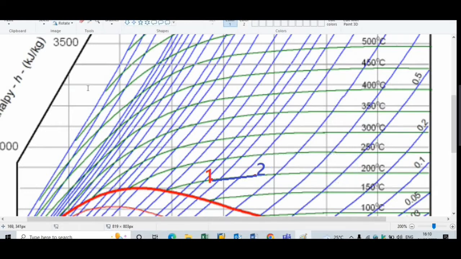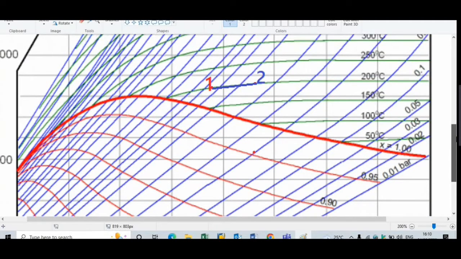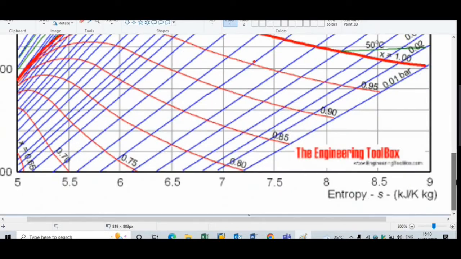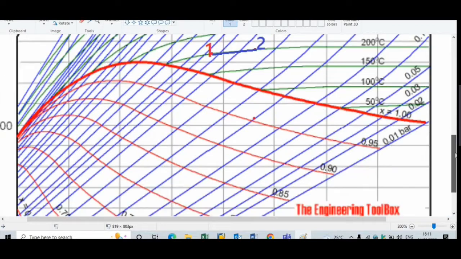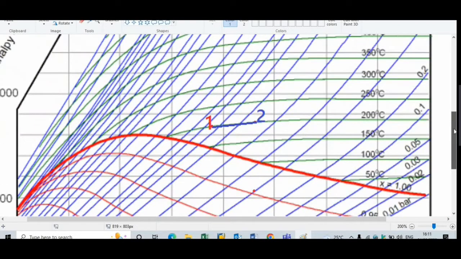Now we will move to the next. So the next point will be point 3 for the isentropic expansion. So isentropic means what? Entropy remains constant. That means on this bottom horizontal line there is the entropy. That means from this point we have to draw a straight vertical line up to a pressure of 0.5 bar.